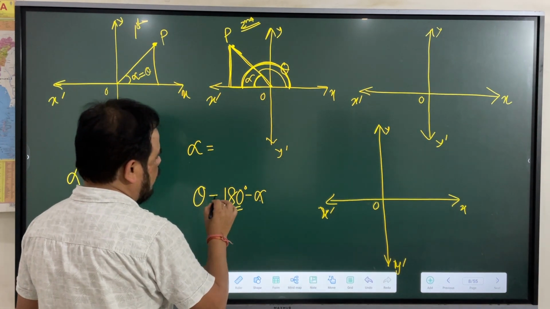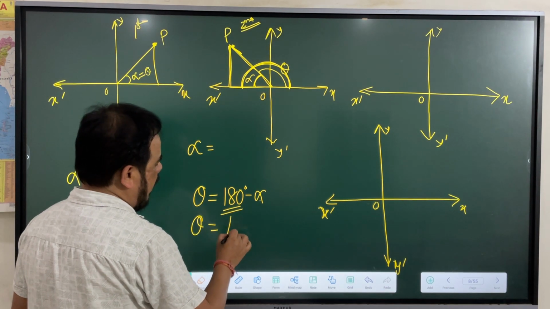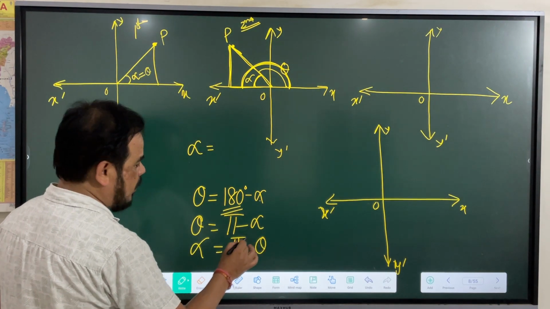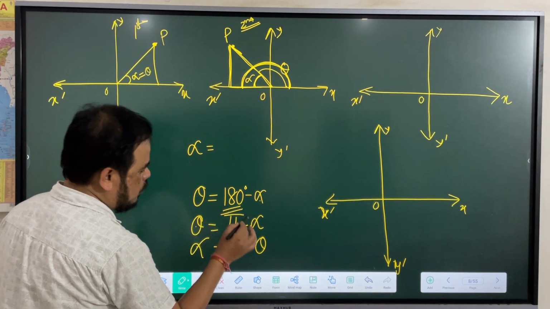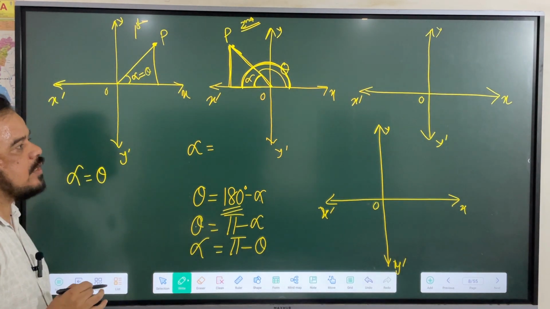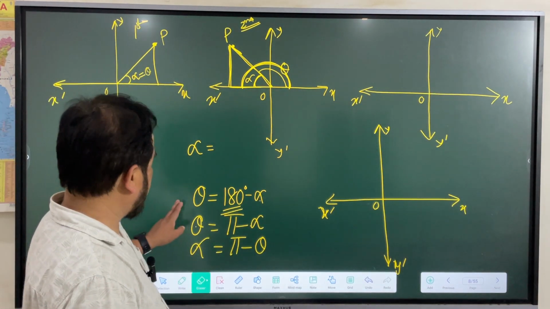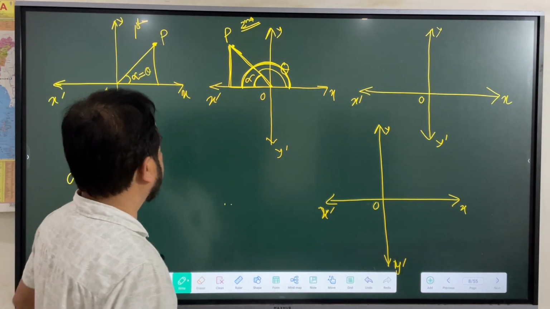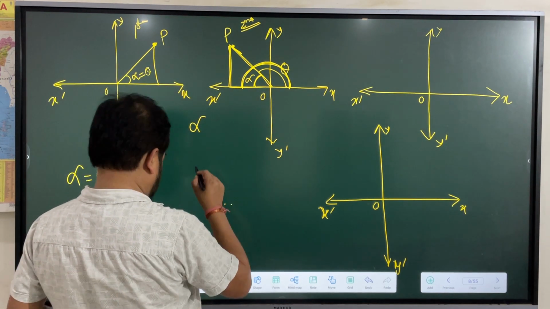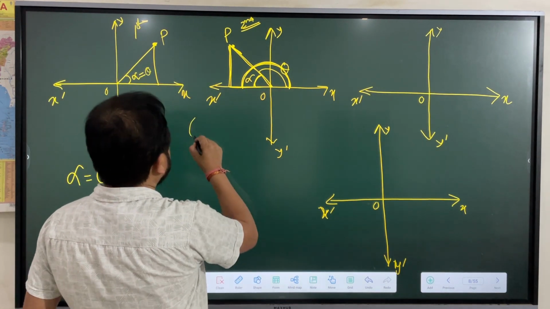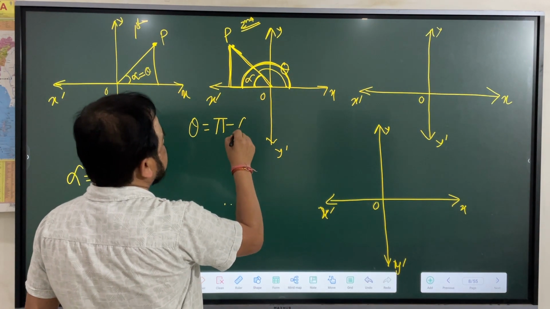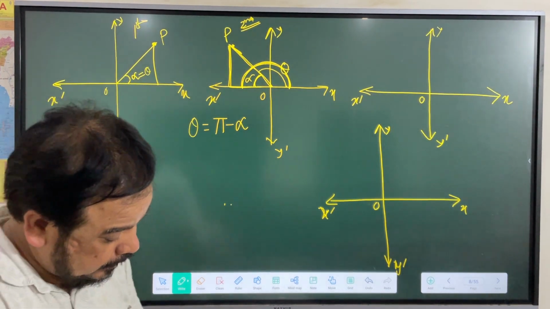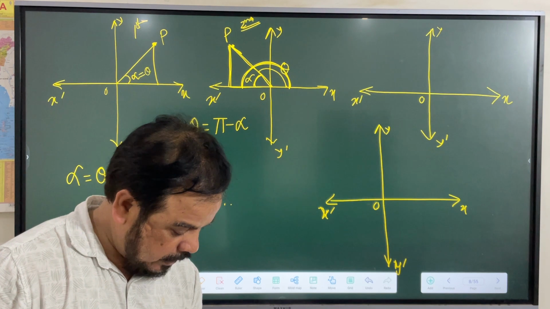So theta is equal to 180 minus alpha, or theta is equal to pi minus alpha, or alpha is equal to pi minus theta. Same thing. Minus alpha comes this side, alpha, theta goes this side, minus theta. Thing is same. So what we have got here, I think you have understood: theta is equal to pi minus alpha.